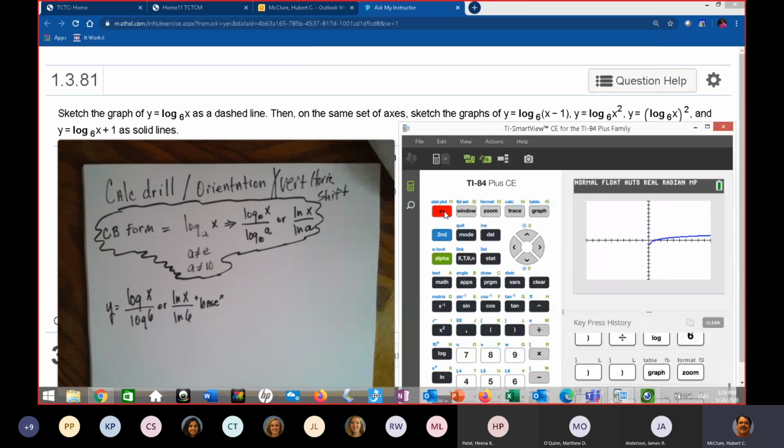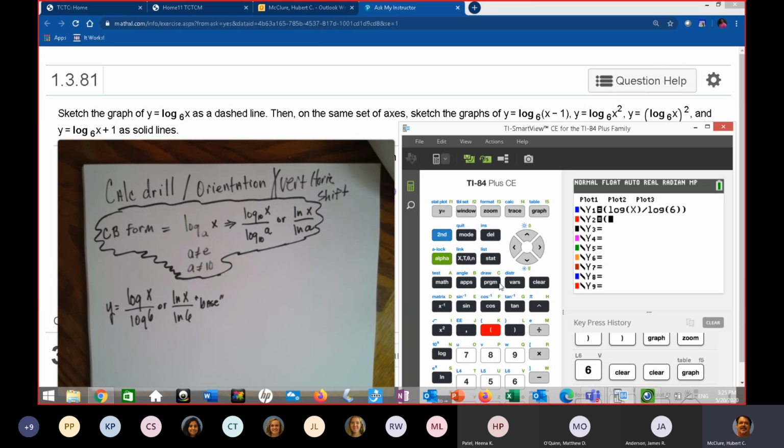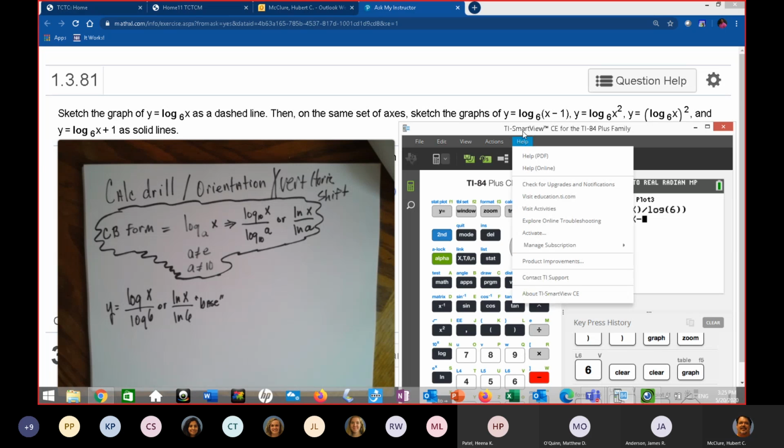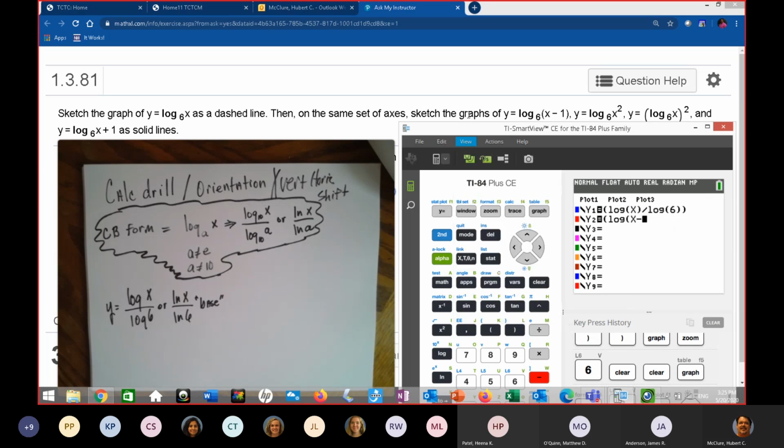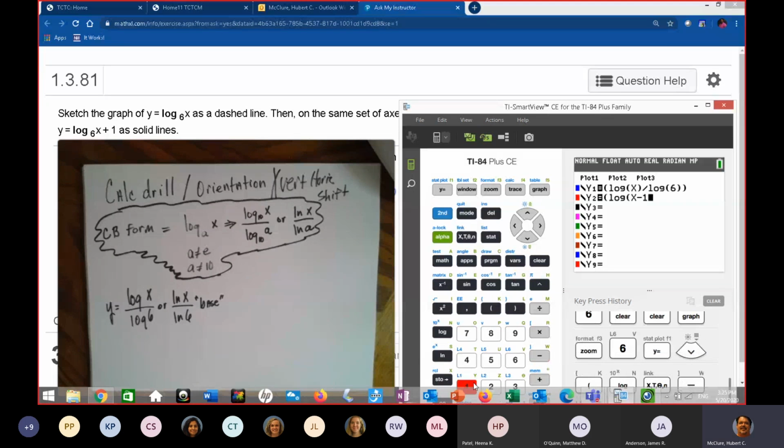So I'm going to go to y is equal. And I'm going to go down here, and I'm going to type in parentheses log of x minus 1, close parenthesis, divided by the log of 6.